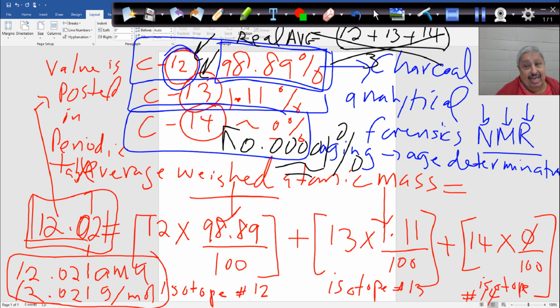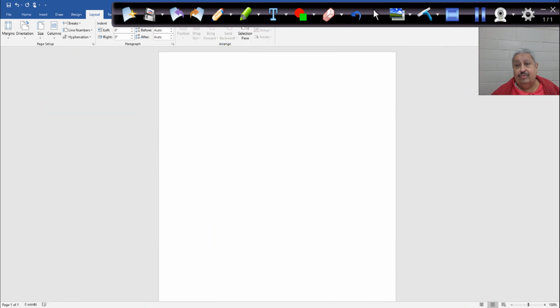Adding those atomic masses and dividing by the number of isotopes is correct if we are looking for the normal real average. But we are not posting the real normal average inside the periodic table. We post the weighted average atomic mass. So that's the topic here. Any questions so far? Any questions? So I will go for the next one.